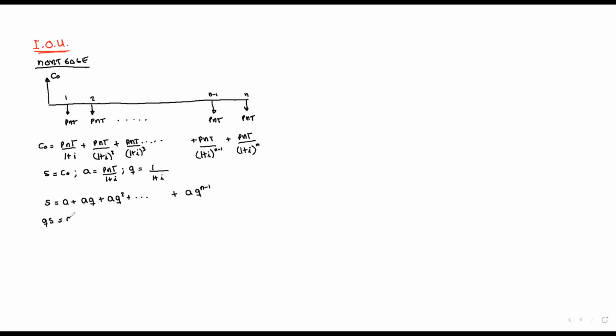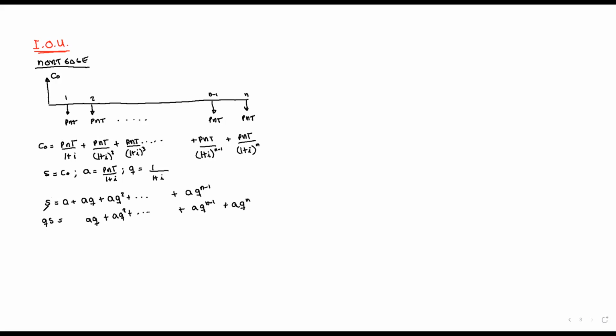So if I multiply the left-hand side and right-hand side by Q, I will have QS equals A times Q, which is AQ. AQ times Q is AQ squared. And then we continue, I will have AQ to the n minus 1, and I will have AQ to the n.